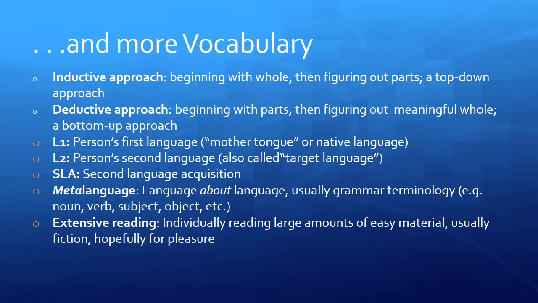It means individually reading large amounts of easy material, usually fiction, hopefully for pleasure. This would be a situation where giving students a small graded reader or picture book, storybook, whatever, to read at home for fun, and it really focuses on the volume of reading. We're not talking about analyzing page by page, sentence by sentence. We're talking about reading entire books.